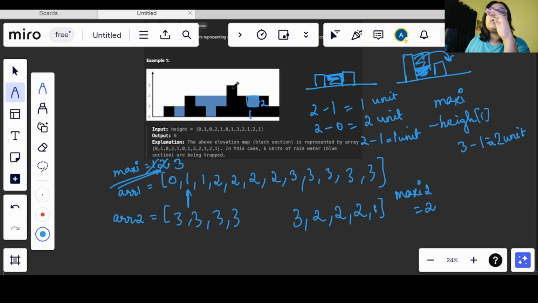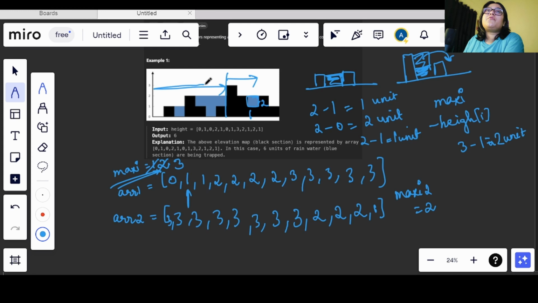Because in the entire array that is left, 3 is the highest, so it will be getting updated to 3 only, right? So what we will do here, this will become 3, this will also become 3, this will also become 3. All the elements that are left in the array on the left end will become 3. Now when we were moving from here to here, the highest value we will leave it.